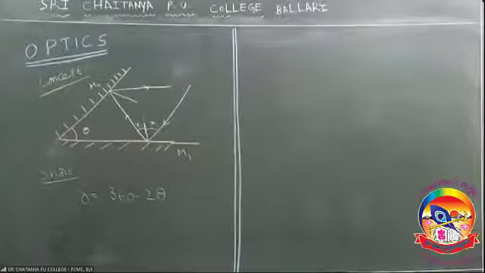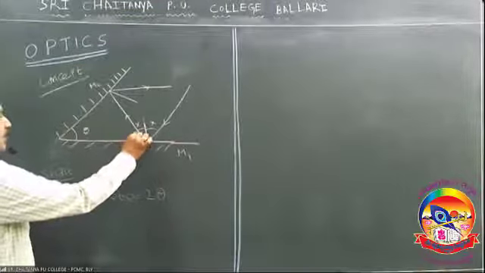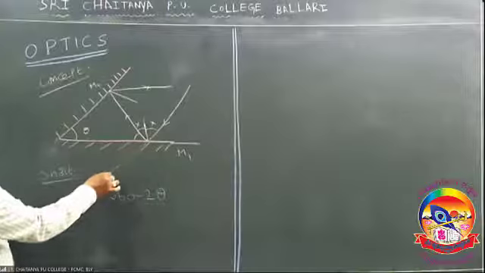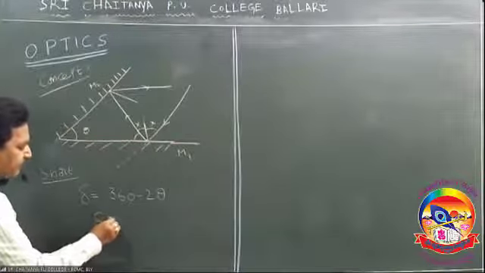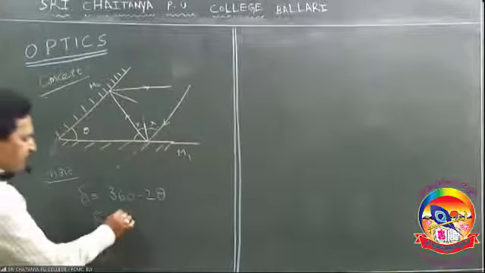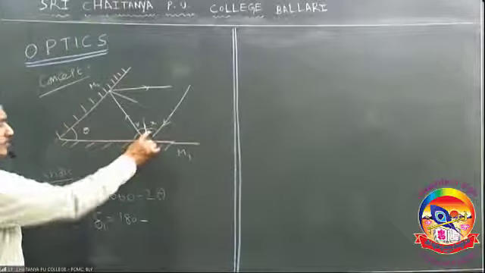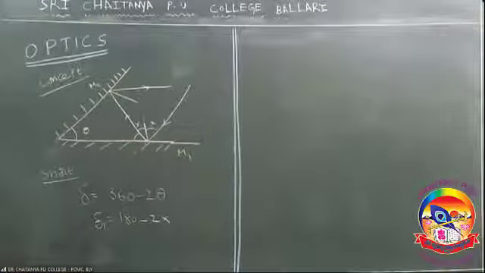Before going to the next angle, I will calculate delta 1. What is delta 1? Deviation at first mirror: 180 minus 2i. The i value is x. That is equal to 180 minus 2x.